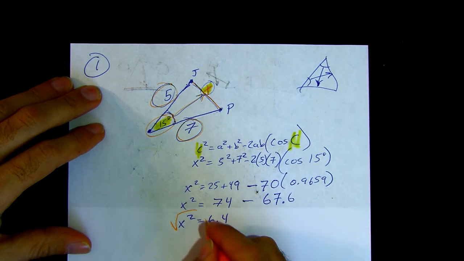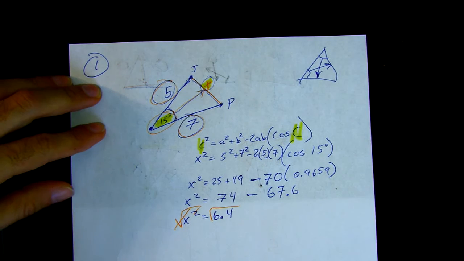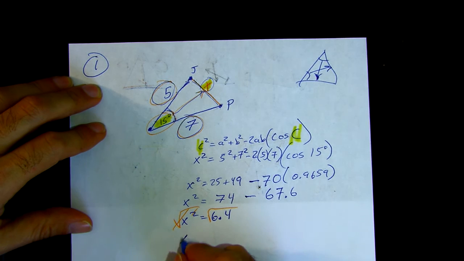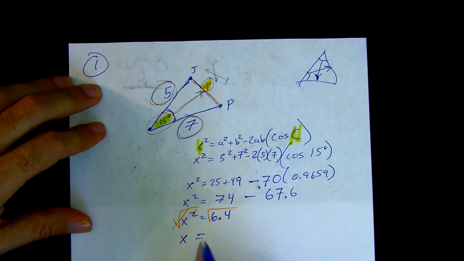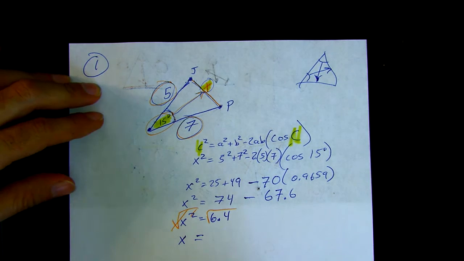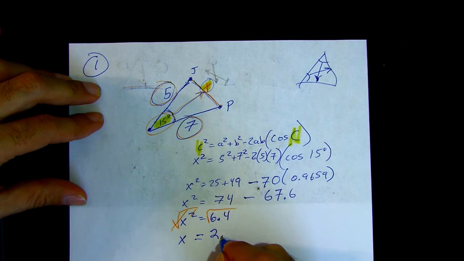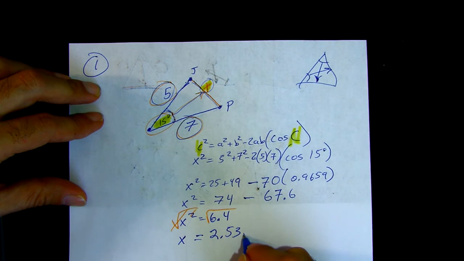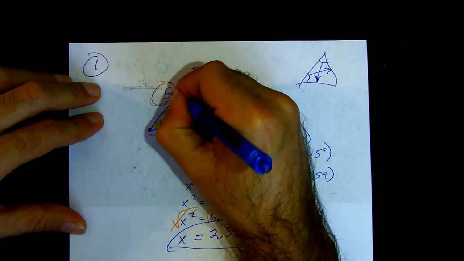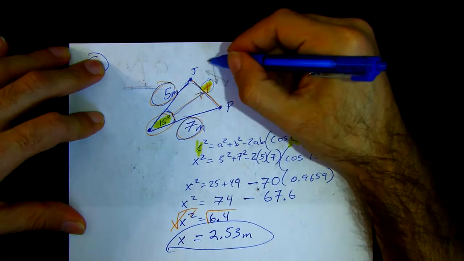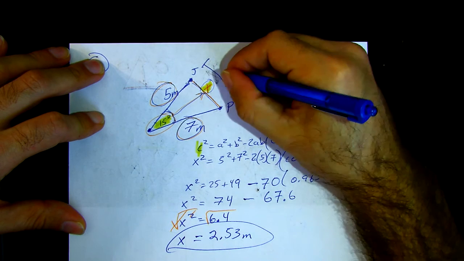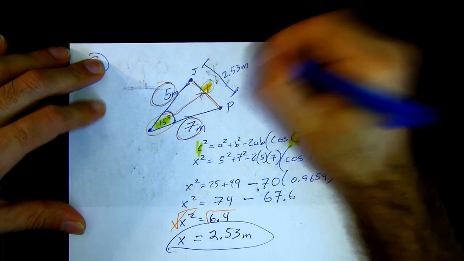Square root it to get rid of the square. X was squared, so we square rooted it. X is left over, and the square root of 6.4 is 2.53 meters. These were meters. So we know that the distance between Jackie and Peter is 2.53 meters.